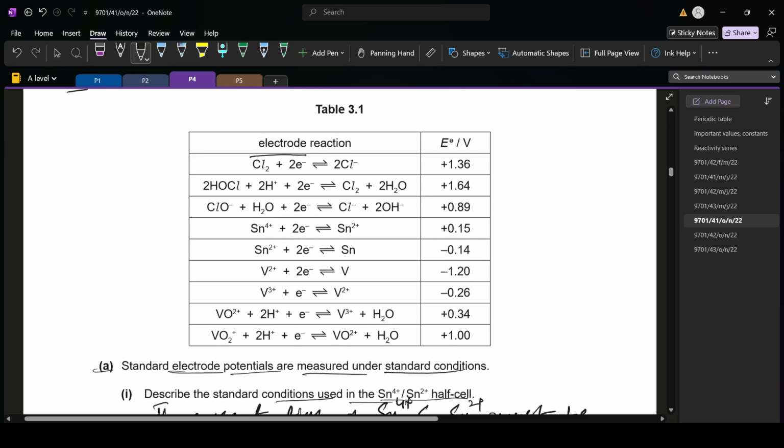These are your chloride ions, and this is tin 2 plus, because these chloride ions will oxidize into chlorine, and this will reduce.